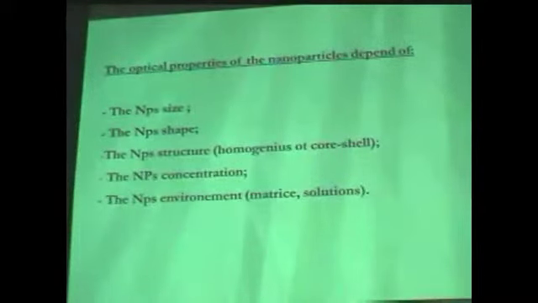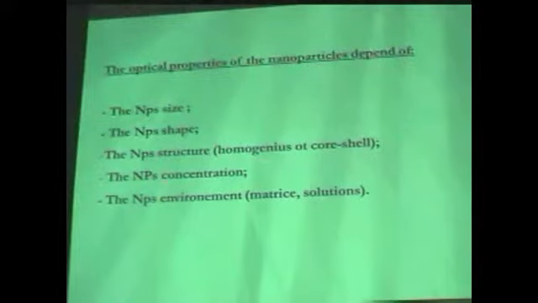The optical properties of the nanoparticles depend on many parameters, such as the nanoparticle size, shape, and structure, because it may be homogeneous, or partial, or homogeneous with gradual evolution of the metal ions, the metals.